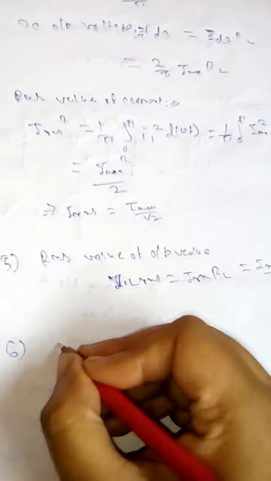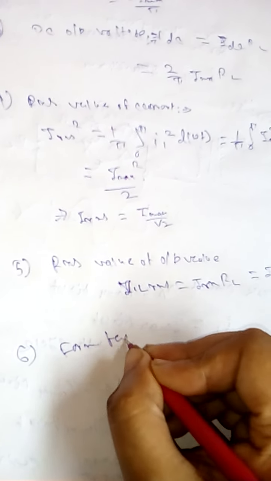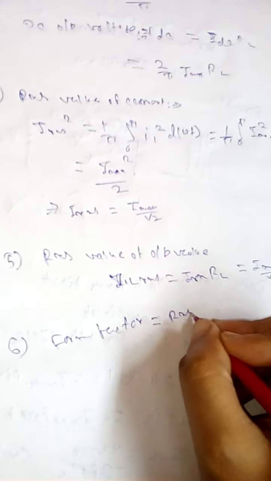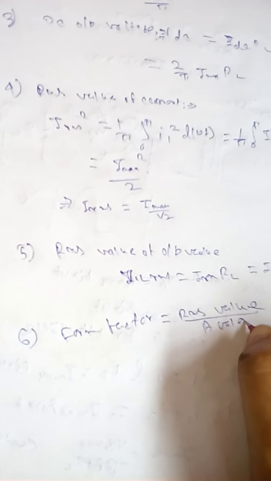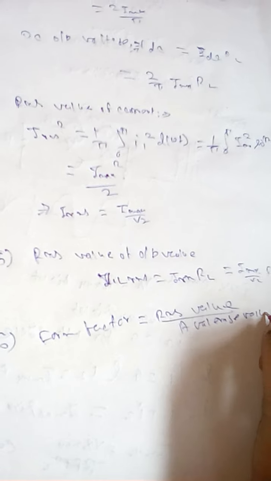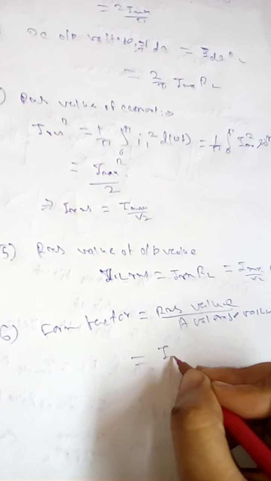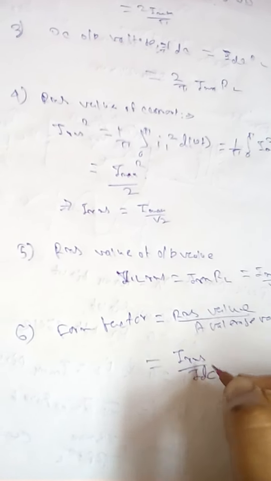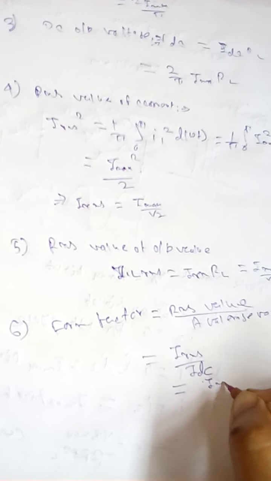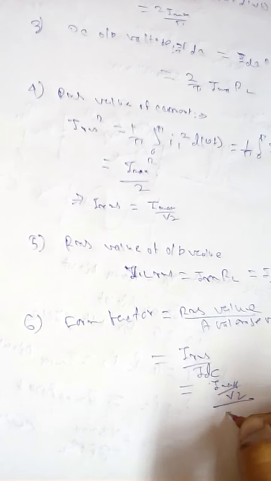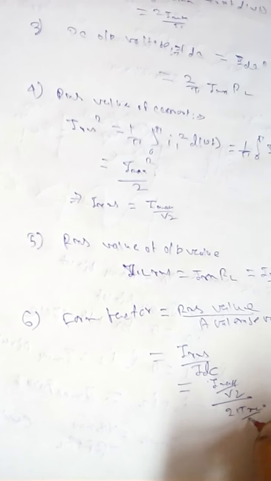So form factor. What is the form factor? RMS value by the average value, means IRMS by IDC. So we calculate the value: I max by root 2 by 2 I max by pi.